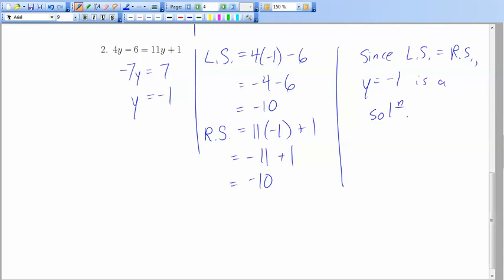So we do need to be very careful in checking, and checking will become an integral part of solving complicated equations. Also, of course, when you are solving equations on a test, you might want to know whether or not you got the solution. By checking, you can know with absolute confidence that you did get the right solution, or if the left-hand side and right-hand side aren't the same, that there is a mistake somewhere. So you might want to go back and find it.